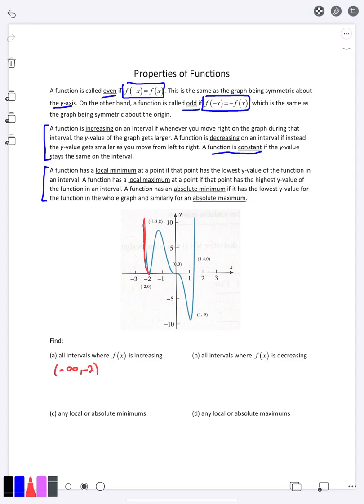It is also decreasing from this point down, down, down. All of those are decreasing there. And when we're talking about intervals for increase and decrease, we're talking about the x values. So this x value starts at -1.3 and goes up to an x value of 1. We don't care about the y values in these types of problems. We're only saying for what range of x values is the function decreasing, going downwards.